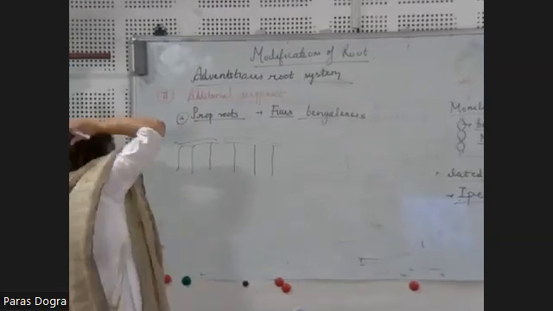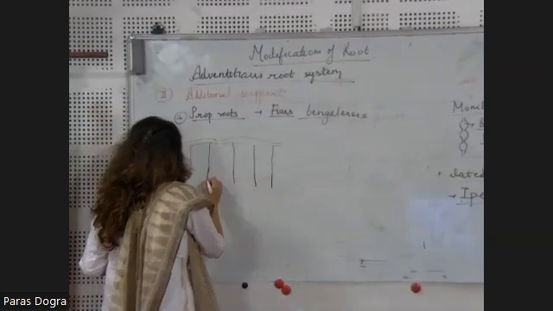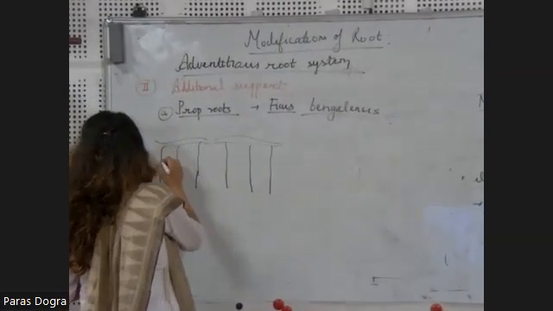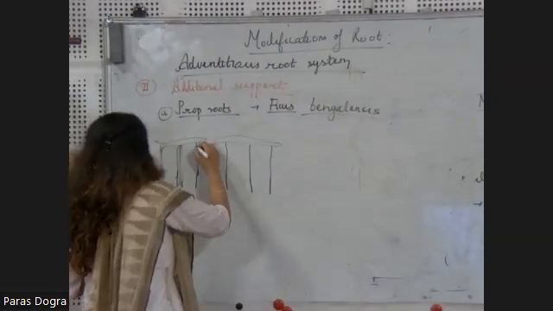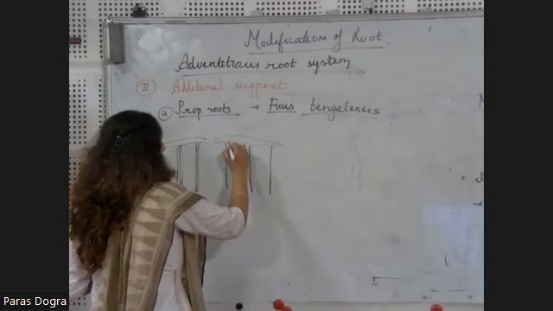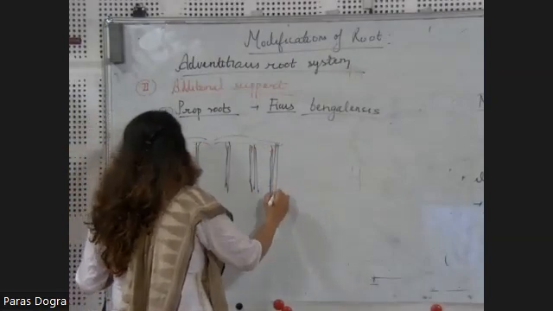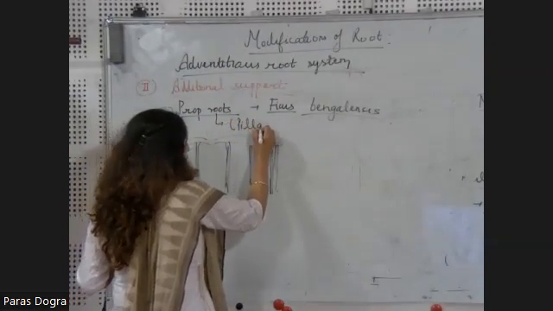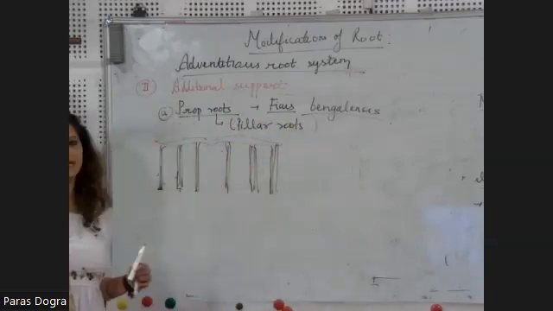And the moment they come in contact with the soil, when they touch the soil, they get firmly attached to it. And these roots actually become the pillars of the plant. So one more term is given to them: they are also called pillar roots because they give additional support to the plant.